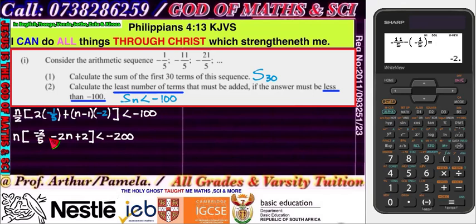So let's take those numbers up, meaning -2 over 5 plus 2 is 8 over 5. Remember in an exam, you want to make sure you're not making a mistake. There it is, 8 over 5. So I've got n, brackets, 8 over 5, and then minus 2n. Close the brackets, less than -200.